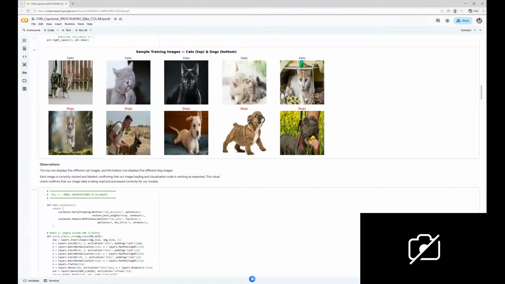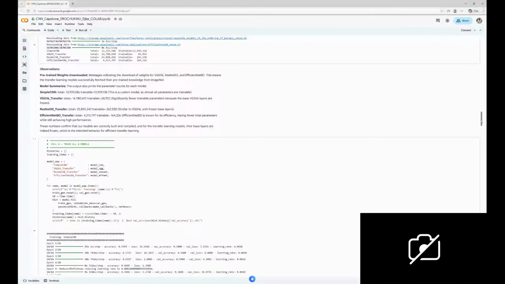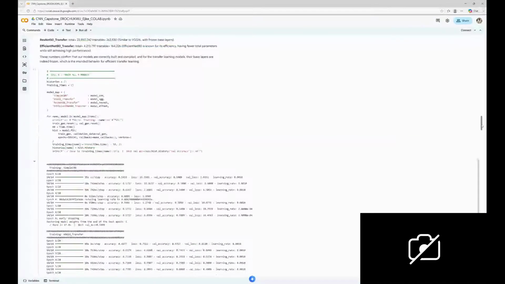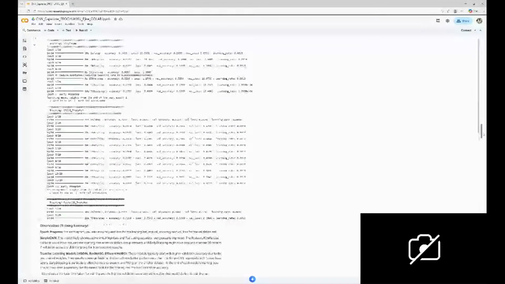Now I am trying to build a machine learning algorithm that would understand this to a very great degree, so that when I come in with my tool and point at the cat, it is able to tell me this is a cat. I point at the dog, it is able to tell me this is a dog. I have done the whole cleanup and the modeling. I'm going to run through this. This is just the beginning.